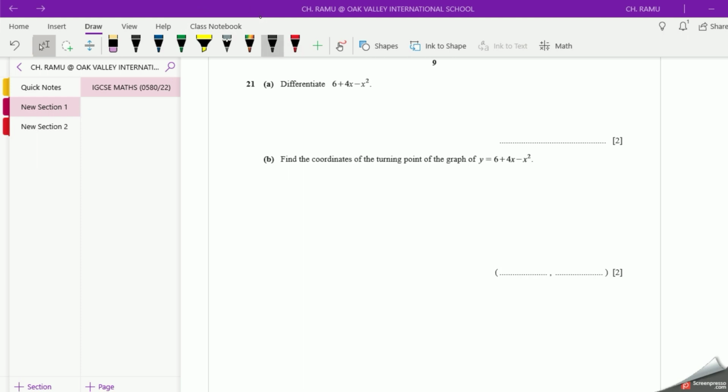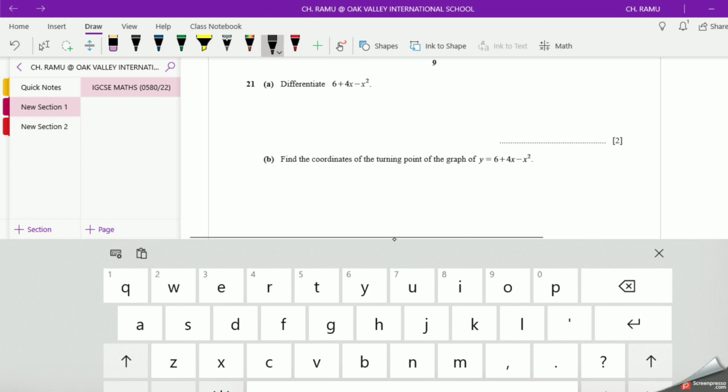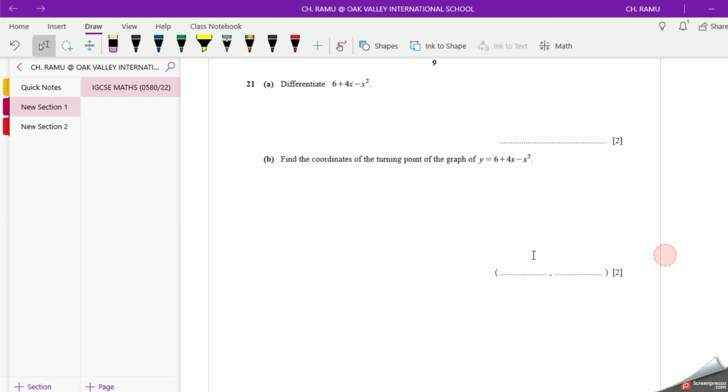Now question number 21. We need to differentiate 6 plus 4x minus x square. So if we go for the derivative, dy by dx, the derivative of a constant is 0, the derivative of 4x is 4, the derivative of x square is 2x, that is 4 minus 2x.